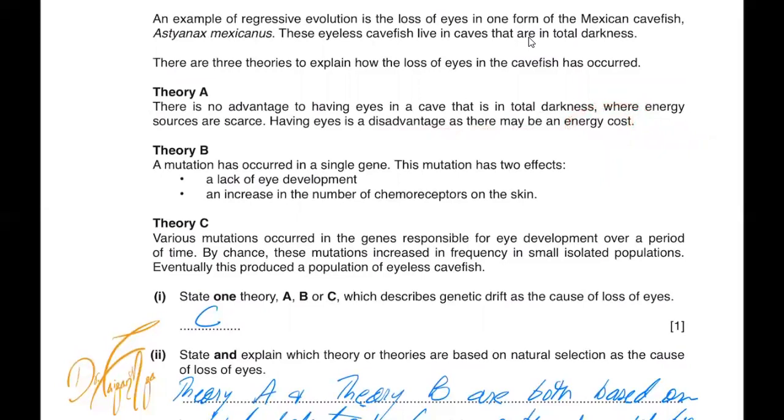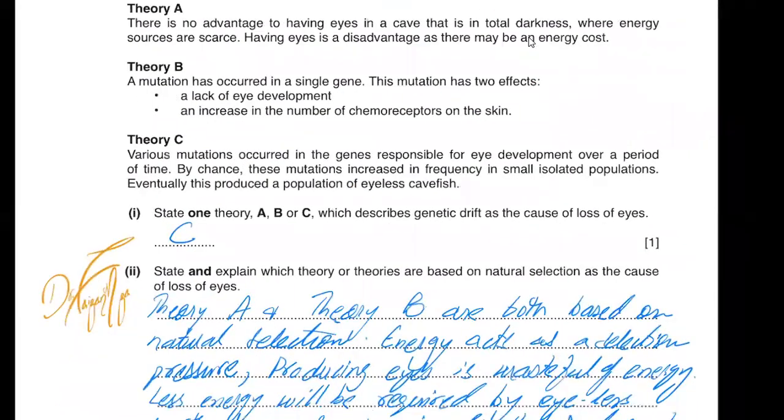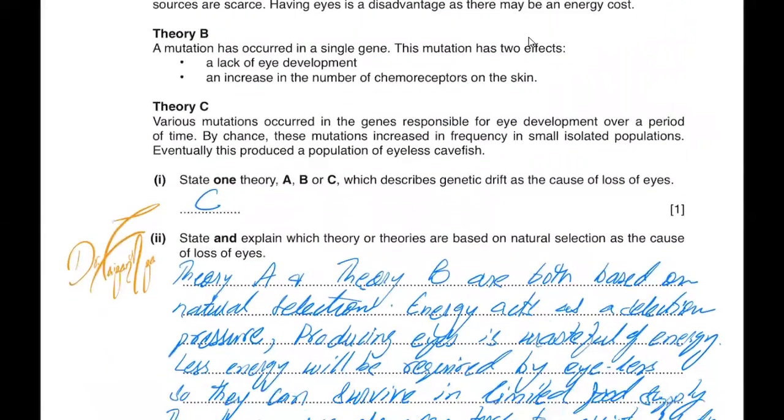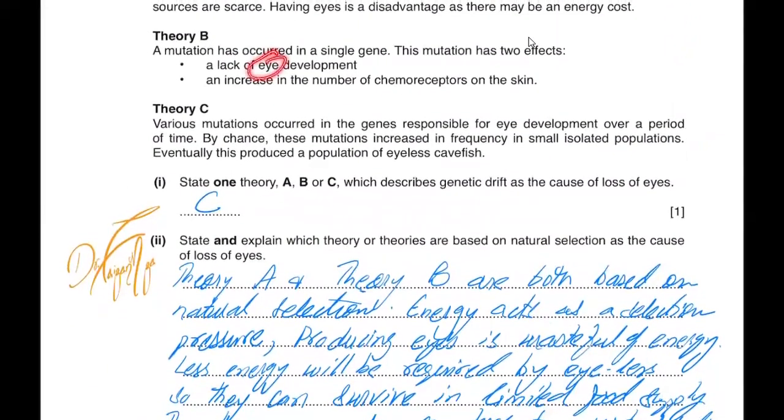Theory B: a mutation has occurred in a single gene. The mutation has two effects: a lack of eye development and an increase in the number of chemoreceptors on the skin. When chemoreceptors are more present on the skin, this kind of fish will be more receptive to its environment. It will respond a lot to the chemicals present in its surroundings. So lack of eyes can be accommodated by these chemoreceptors, because eyes actually catch information from our surroundings.